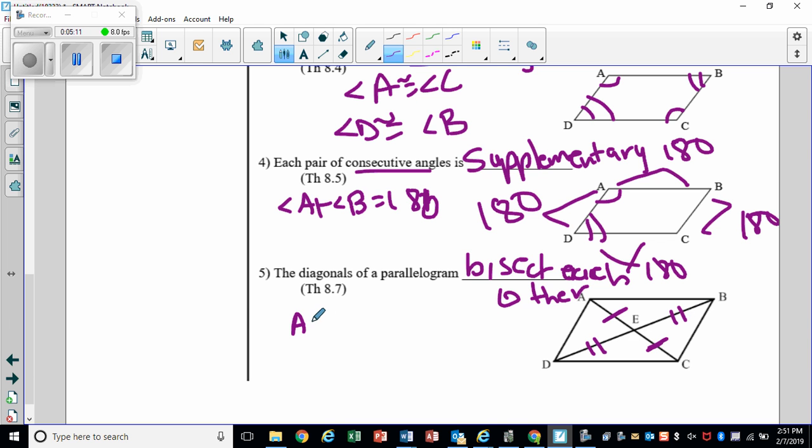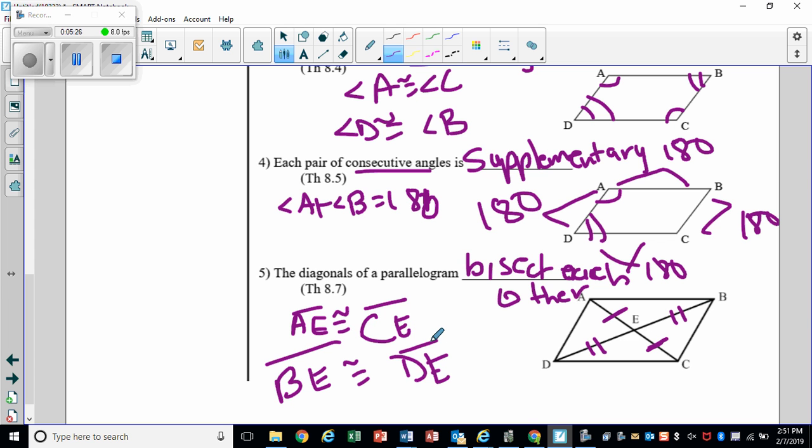It's very important you understand AE is congruent to CE because they bisect, they cut in half, and BE is congruent to DE. Okay, that is the fifth property.